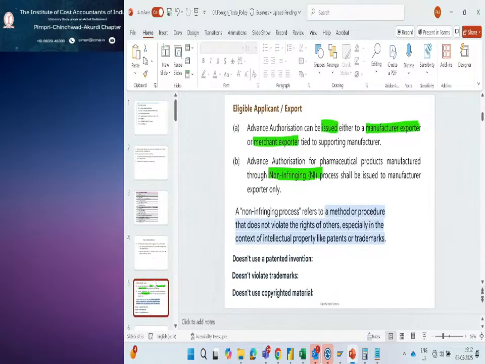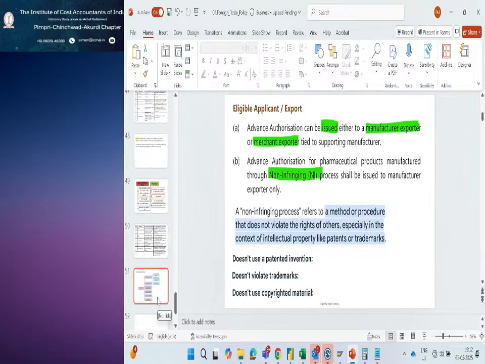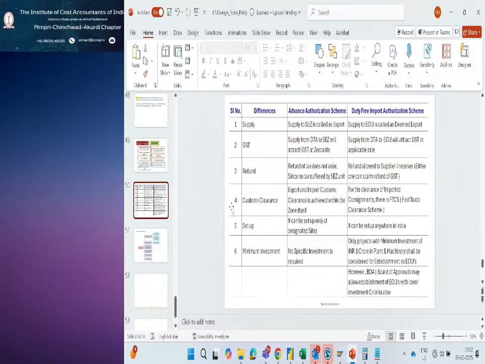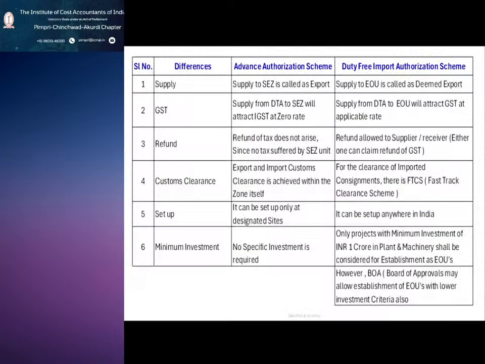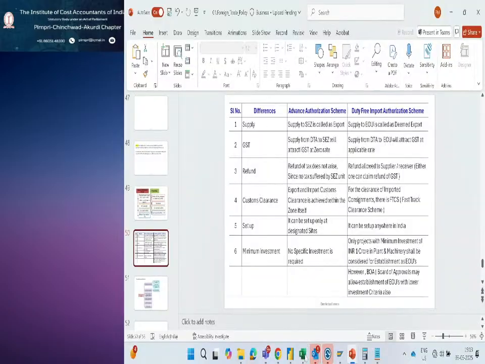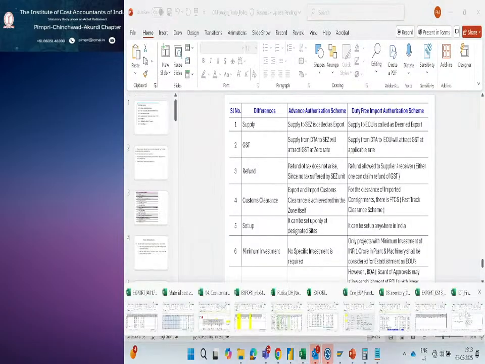We are now seeing the difference between SEZ and EOU. When this question is asked, don't directly start with the difference. Give me some time, a minute, I'll just change this slide.